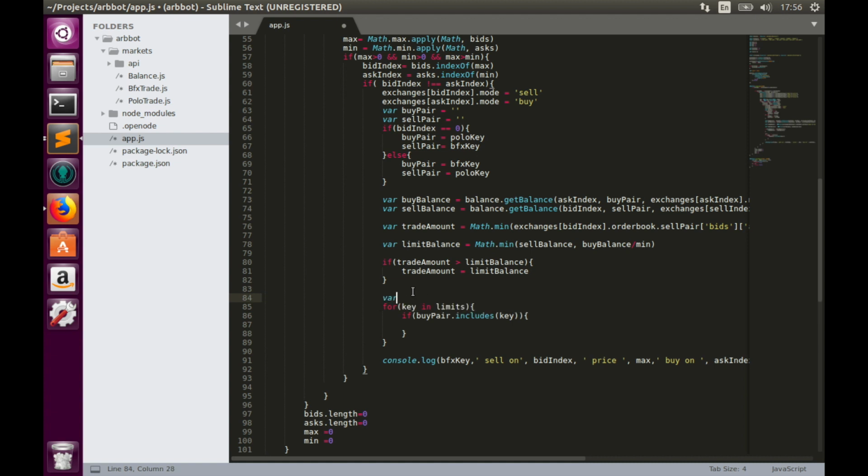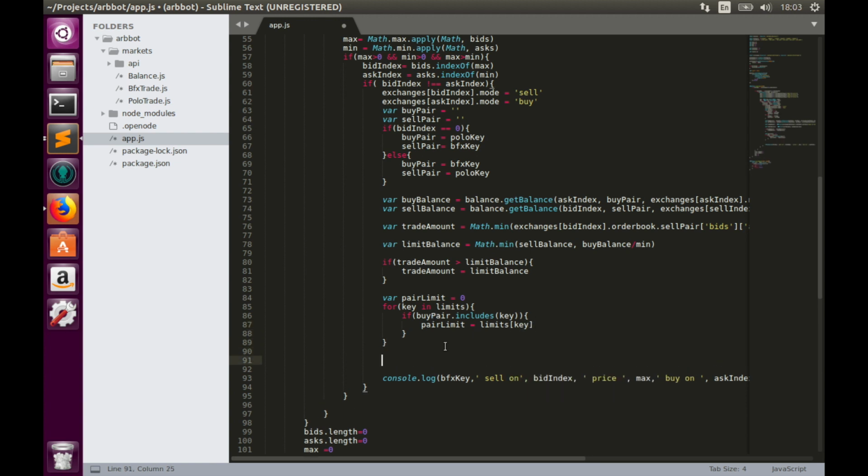Let's call it pair limit, equals 0 now, but once we find the limits for this pair, it equals limits key.